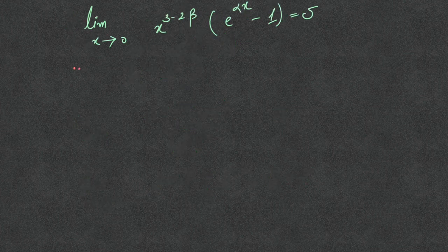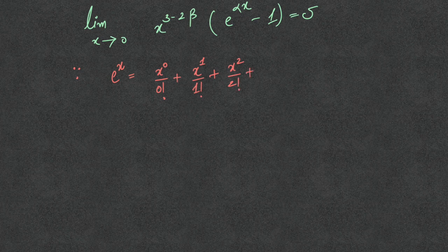So we know that e to the power x is x to the power 0 upon 0 factorial plus x to the power 1 upon 1 factorial plus x to the power 2 upon 2 factorial and so on.